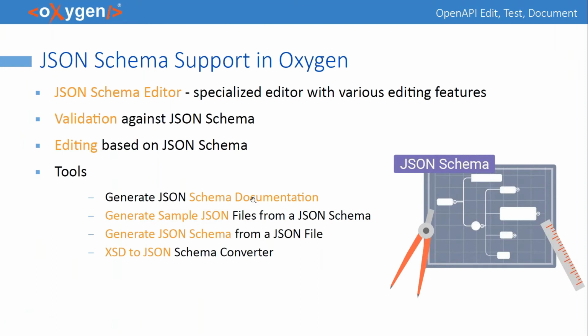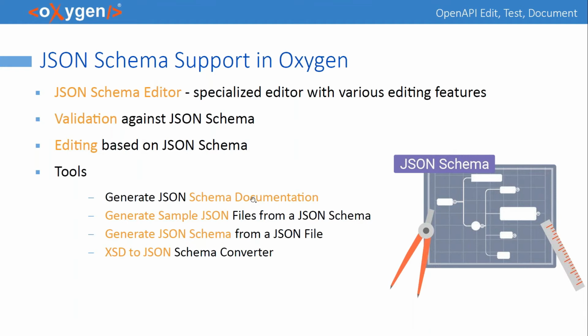So this is a good thing if you want to use OpenAPI with the JSON schema, and in Oxygen you have full support and the specialized editor with a lot of features. You have validation, editing, different pages to edit the documents, a diagram page, but you have also tools to generate documentation or generate sample files from a JSON schema, so you can generate a set of files, for example, for testing.